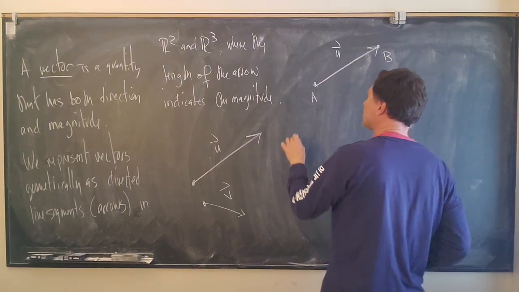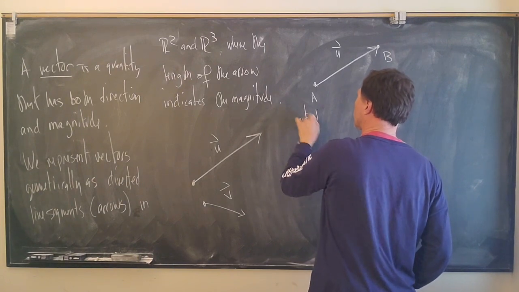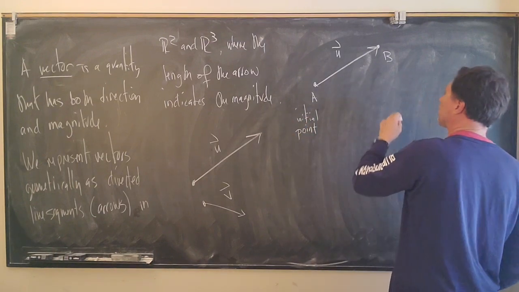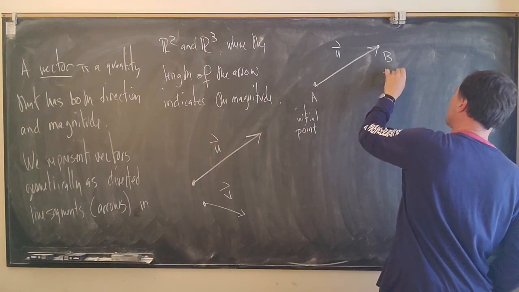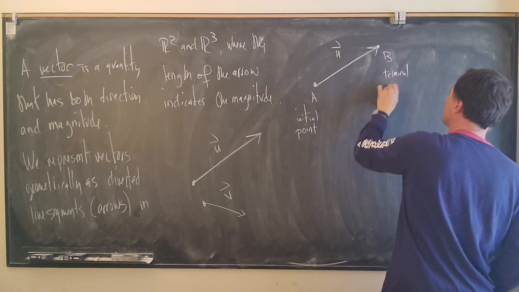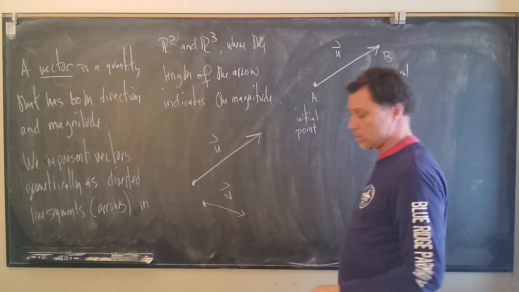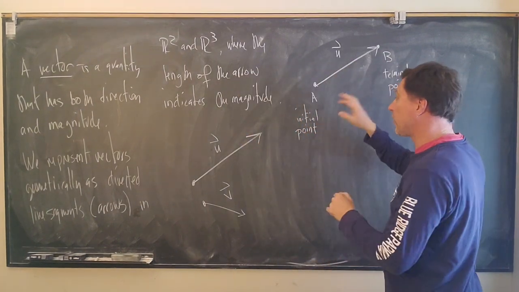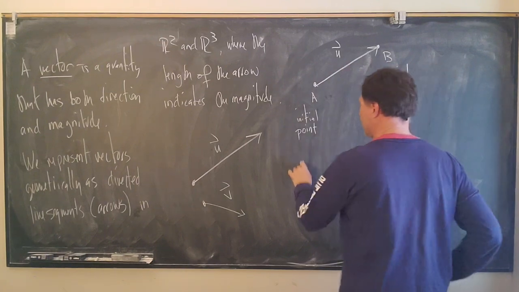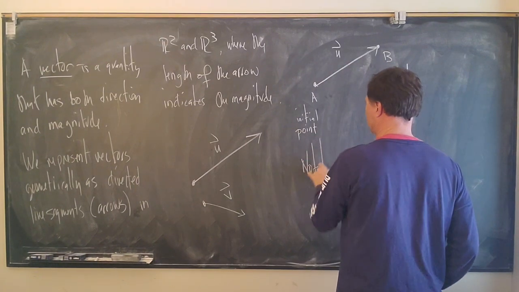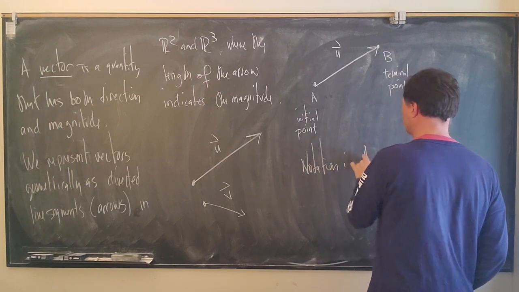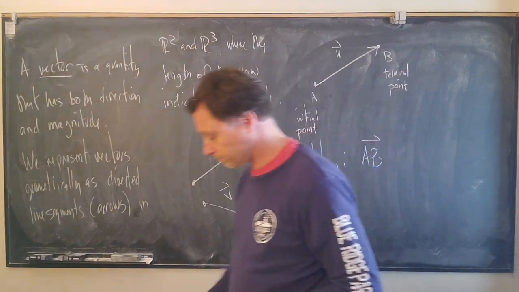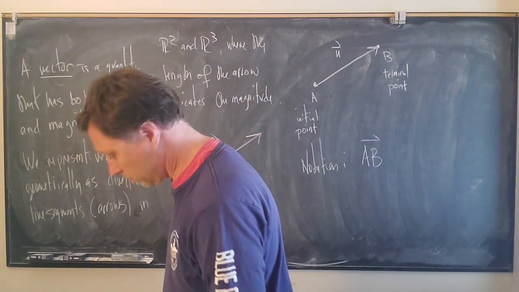This point A is called the initial point, and B is called the terminal point. The notation, if we want to talk about the vector that goes from A to B, is this.